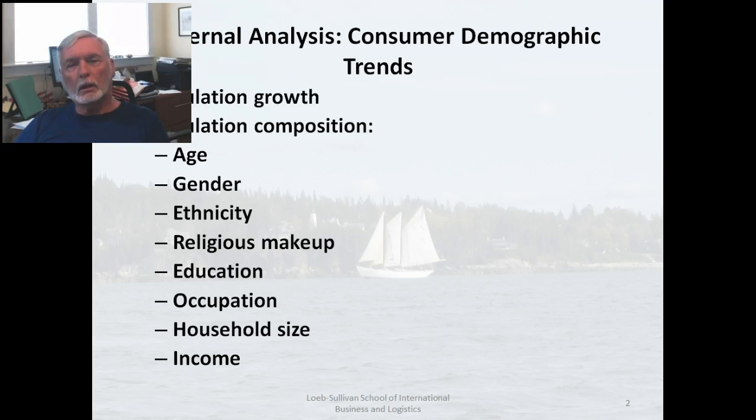How old are they? Men or women? Ethnicity, are they Irish Americans like me, or are they Mexican Americans, or are they German Americans? Whatever, if we're talking about the American market, so we want to know what ethnic background they have, because that may have something to do with how we're going to appeal to them or how we're going to make something that they value.